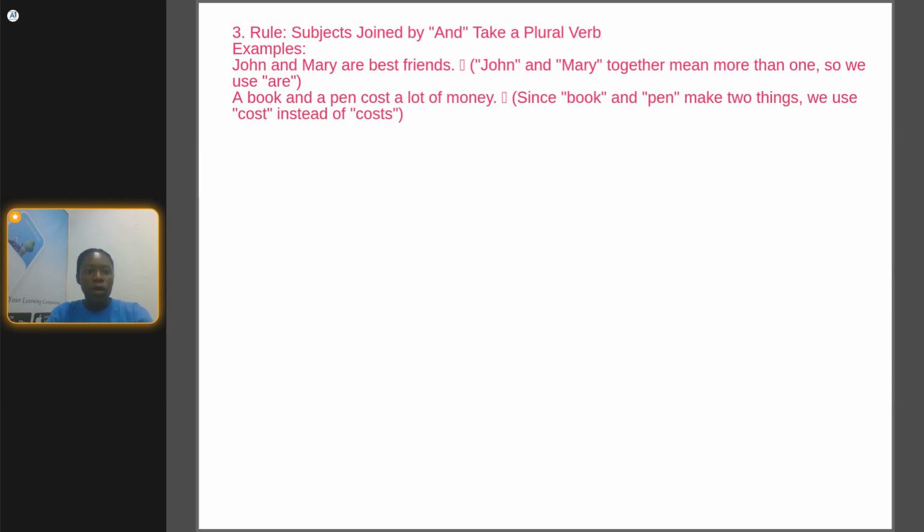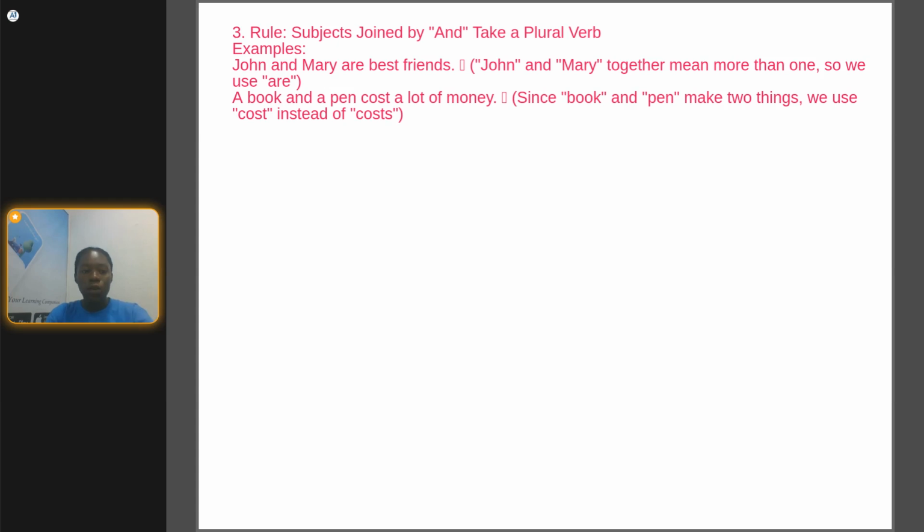Okay, now we look at example 2. A book and a pen cost a lot of money. So instead of costs, just like I explained earlier, instead of adding s to your verb, we're not adding s to the verb in this case because we have the subject in a plural form. We have two things involved now.